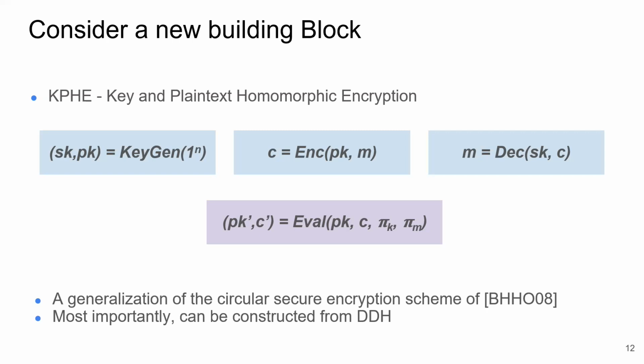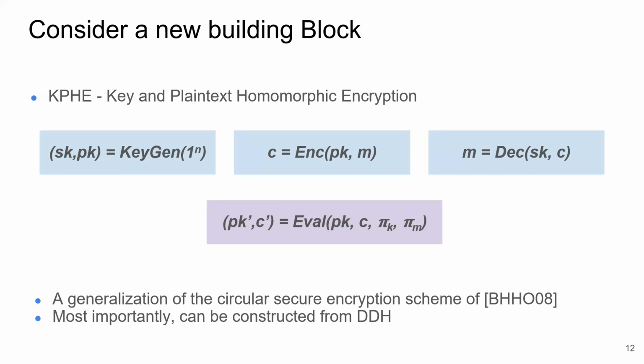So it'll transform your public key to a new public key and your ciphertext to something encrypted under a key related to the old key, transformed based on this permutation. And then we have a second input, which is some other transformation on the message space, which will then transform what the ciphertext was encrypting. This is a generalization of the circular secure encryption scheme introduced by Boneh et al. in 2008. And crucially, you can show that you can construct this from DDH, with, of course, restrictions on the distribution of your keys and these permutations.